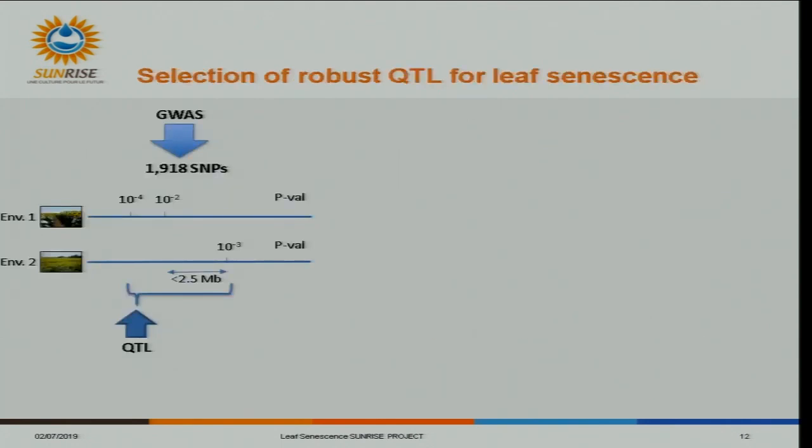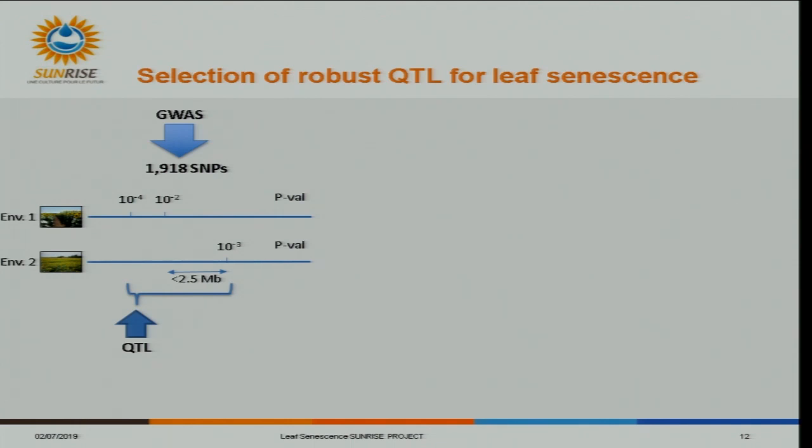We have our 2,000 SNPs, and we developed a rule to define what is a QTL. If we find SNPs that co-localize in 2 environments, we start to think it's robust and it should be considered. Here is an example: the chromosome, the p-values of two SNPs, and in another environment, the p-value of this SNP.